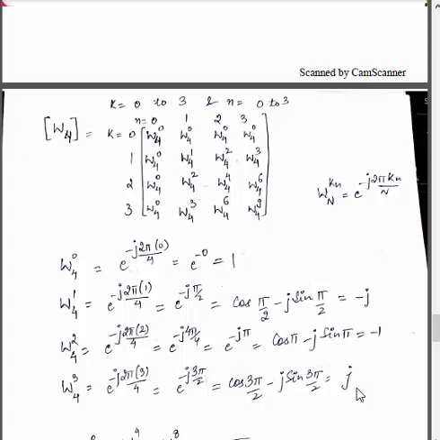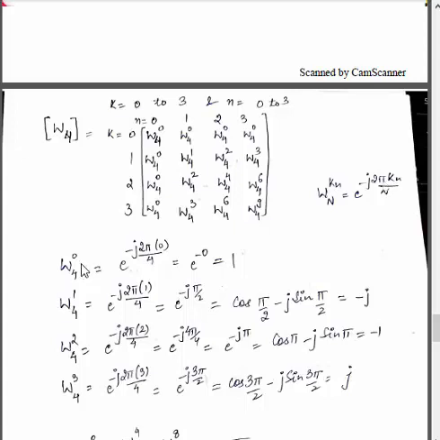Now we already discussed the cyclic property of twiddle factor, also called the periodicity property, in which the value of the twiddle factor repeats itself after a fixed number of samples or points. Now this is a 4-point DFT, that means the twiddle factor value repeats after 4 points.